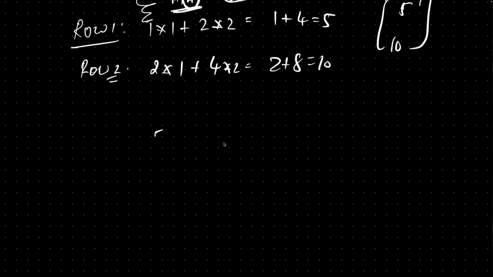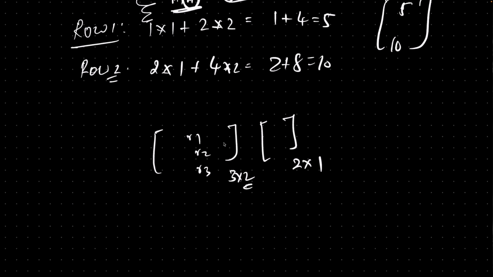What I'm trying to say is, if you have 3 rows, R1, R2, R3, so this is 3 into 2, and your vector size is 2 into 1, because this has to match. The number of columns here has to match the size of the vector. So the output size will be 3 into 1, so 3 basically, right?